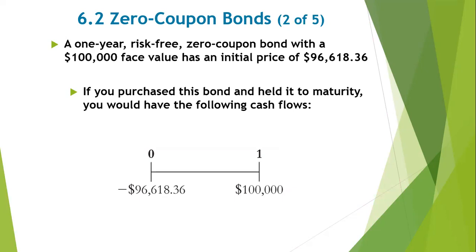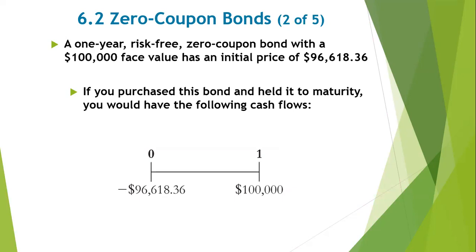To illustrate this, let's look at the screen here. Let's consider a 1-year risk-free zero coupon bond with a $100,000 face value, priced at $96,618.36 initially.